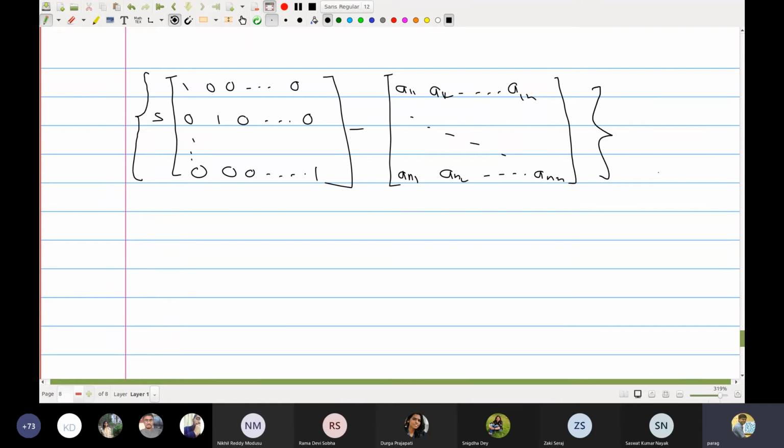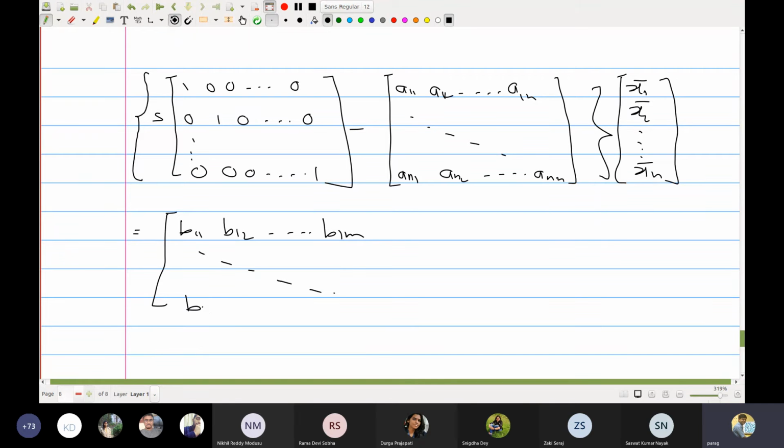And this whole thing multiplies the vector x1 bar, x2 bar up to xn bar, equals b11 b12 up to b1m, to bn1 bn2 up to bnm, times u1 bar, u2 bar up to um bar.